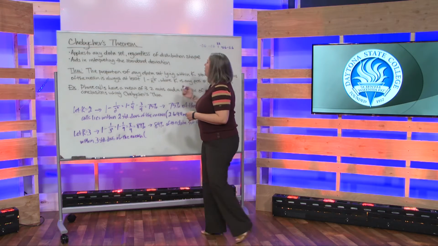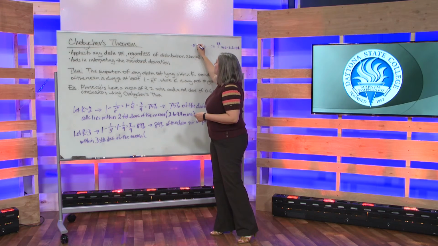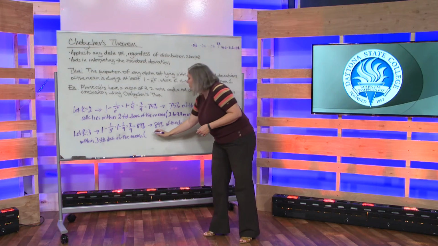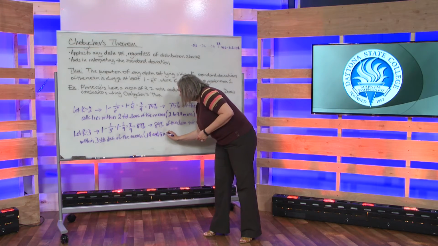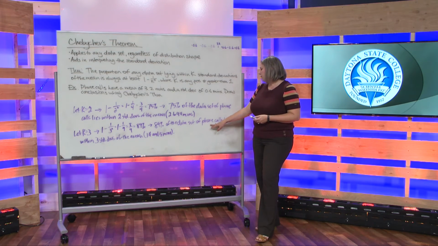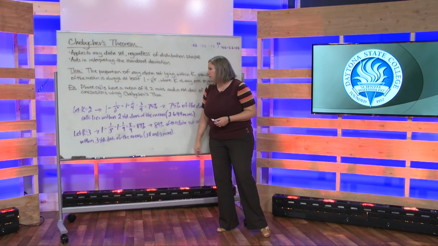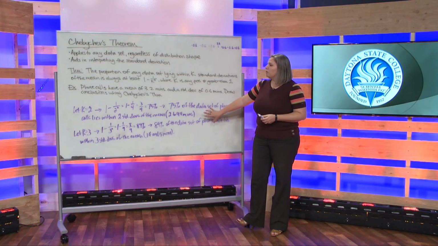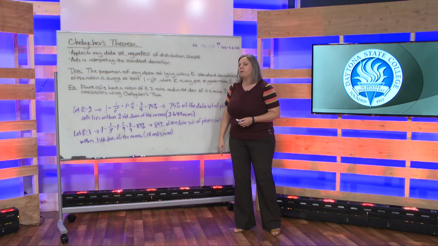And again, if I wanted to, I could come back out here, add another 0.6, subtract another 0.6, and those two values are between 1.4 and 5 minutes. So again, 89% of the data set of phone calls lies within 3 standard deviations of the mean, or 89% of the data set of phone calls lies between 1.4 and 5 minutes. So 2 examples here of Chebychev's theorem applied to this example about phone calls.